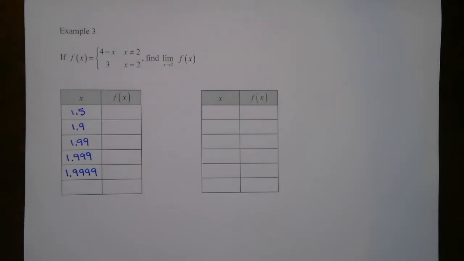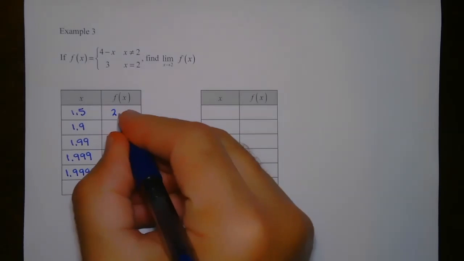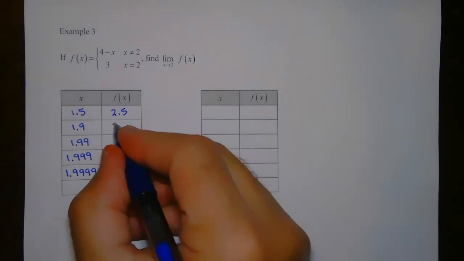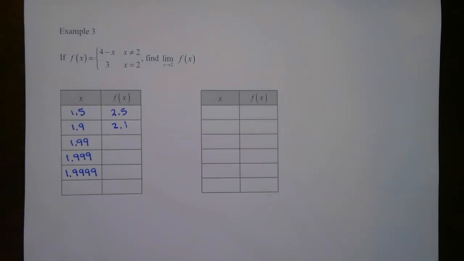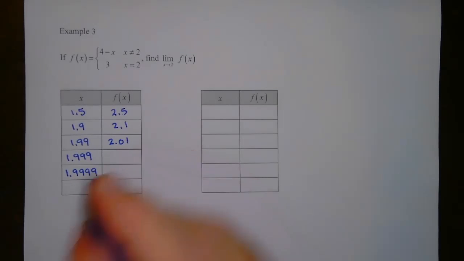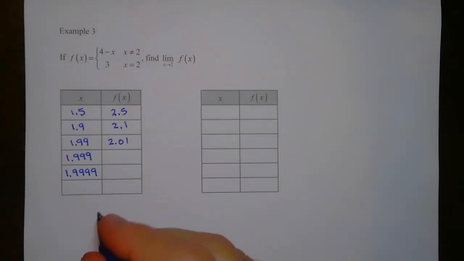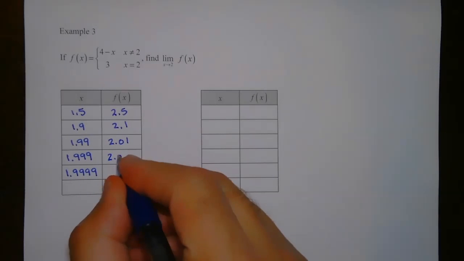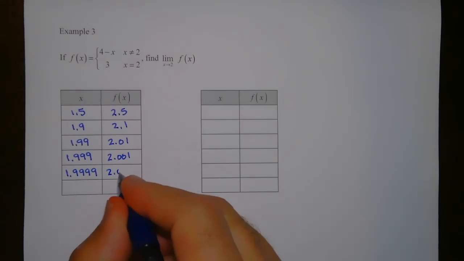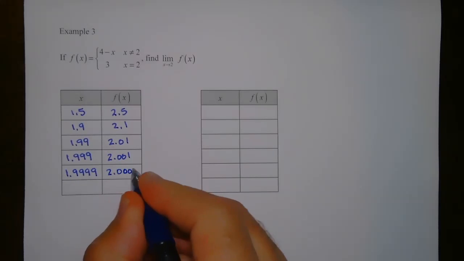So 1.5 in my calculator gives us 2.5. 1.9 gives us 2.1. 1.99 gives us 2.01. 1.999, 3 nines, gives you 2.001. And then 1.9999 gives us 2.0001.